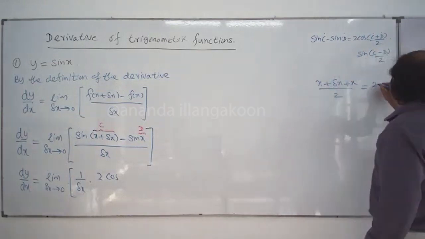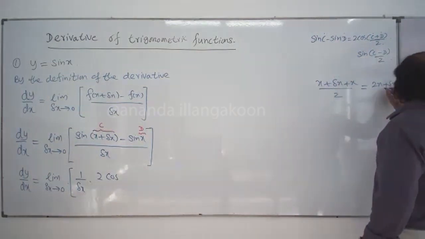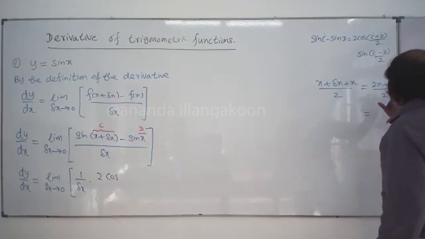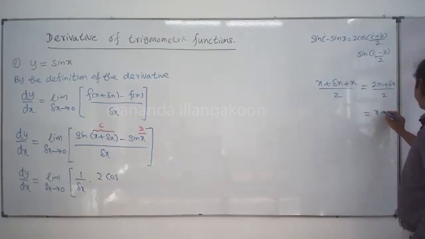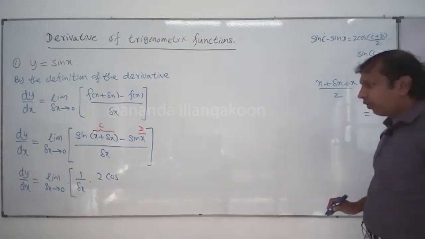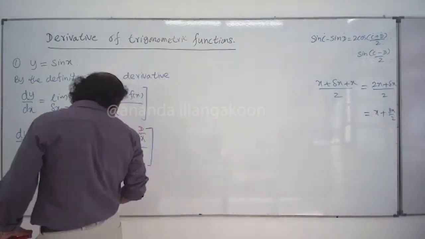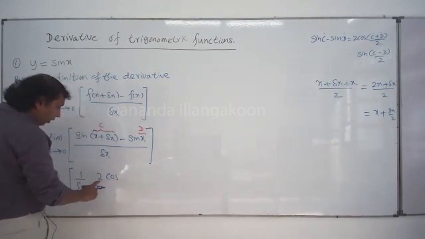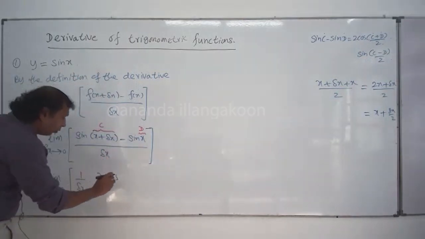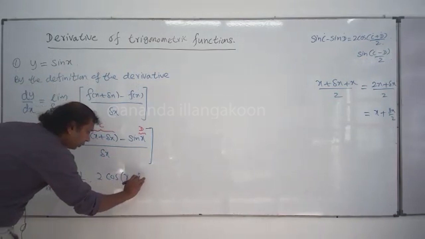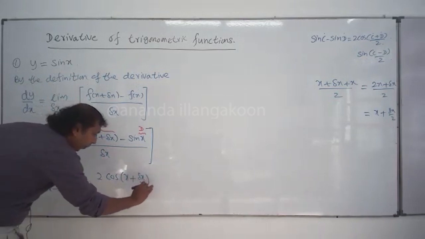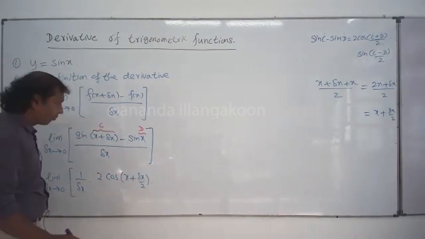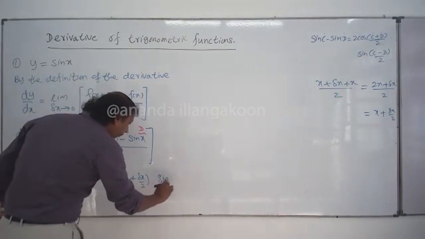x and x, 2x plus delta x divided by 2. Dividing this 2x by 2, we get x. Delta x divided by 2 means delta x by 2. So therefore, I write in the latter case directly this kind of sum, right? Adding this and this and dividing by 2, x plus delta x by 2 comes in. Secondly, sine comes in.